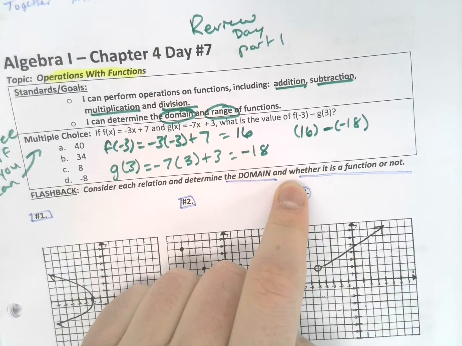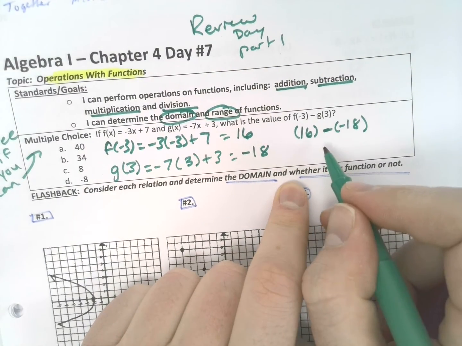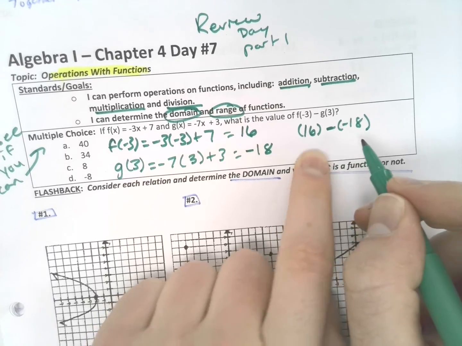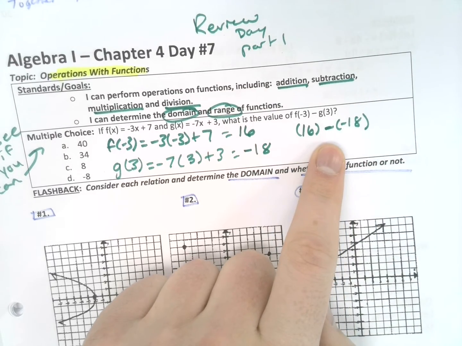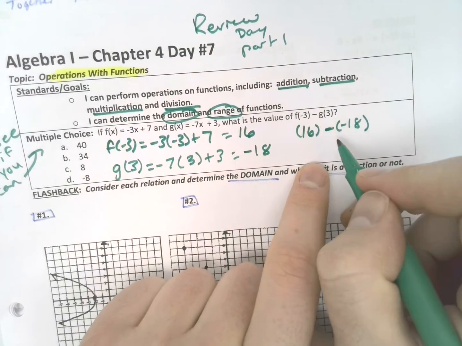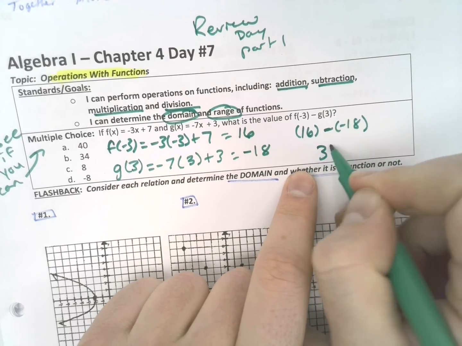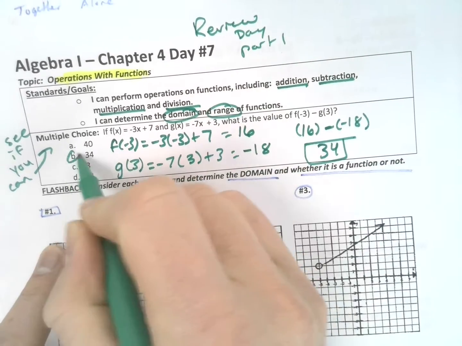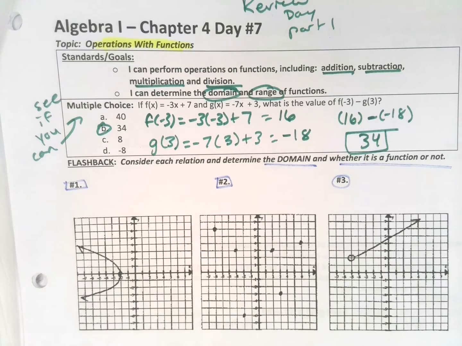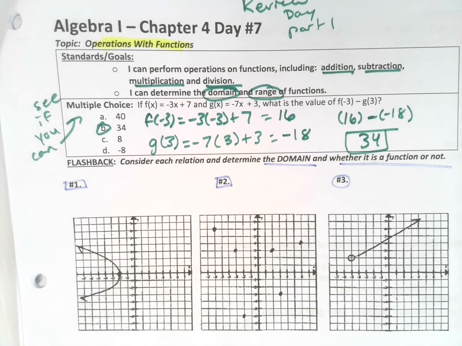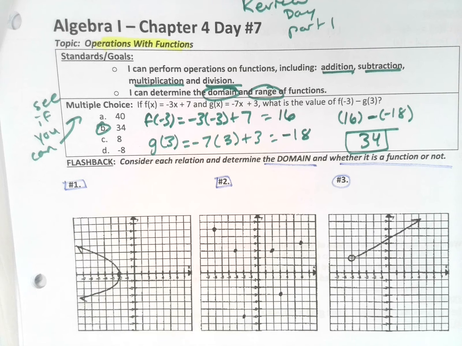And Jackson, what'd you end up getting? Whenever we add those, what'd you get? 16 plus 18? 34. Heck yeah. So those are going to be really good ones to practice. And I'm actually going to give you guys one of those for your homework too. So we'll get some practice with that.